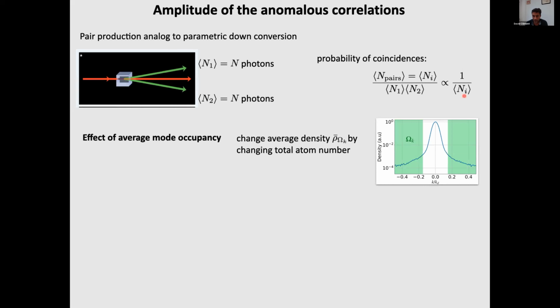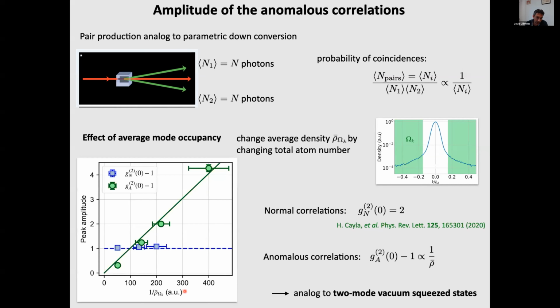And so we wanted to check something of this type because we also have this type of pairing mechanism. And what is the population here, the average population of the mode? In our case, it's the average momentum density. So we repeated our experiment by changing the average momentum density. And here you have plotted the peak amplitudes.